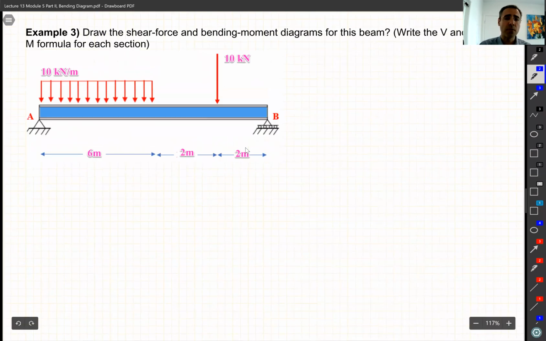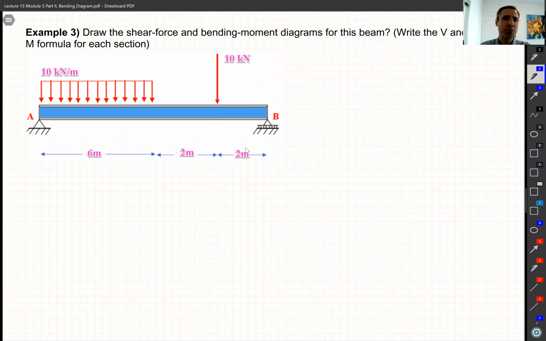Then let's solve another example together and see how we can draw the shear force and bending moment diagram. And by the way, this graphical method, without writing equations, it's good to know for your exam because you can check your solution, but always in the exam, we ask for the equations, all right?